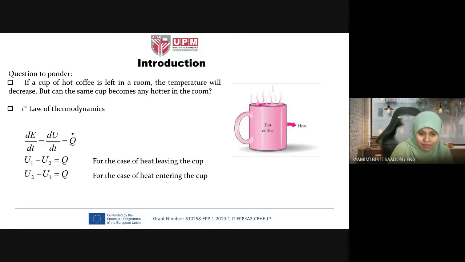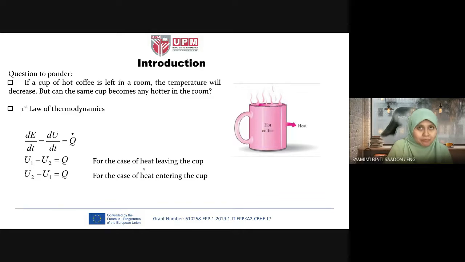Normally, if you write the first law of thermodynamics, the energy balance within the cup and its surrounding, we will write it this way: U1 minus U2, the change of the internal energy, equals the heat. If we have U1 minus U2, it means that heat is leaving the cup.